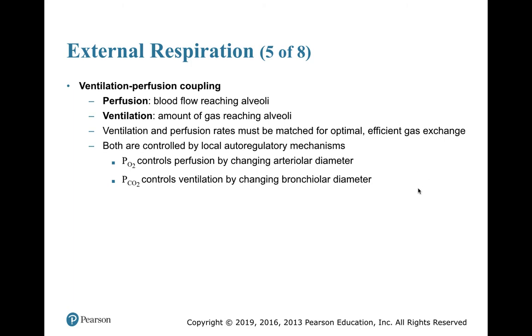Internal respiration is the result of ventilation-perfusion coupling. Perfusion is the amount of blood that gets to an individual alveolus. Ventilation would be the amount of gas reaching the alveolus. So ventilation and perfusion rates have to be matched if we want optimal, efficient gas exchange. They're controlled by local auto-regulatory mechanisms.